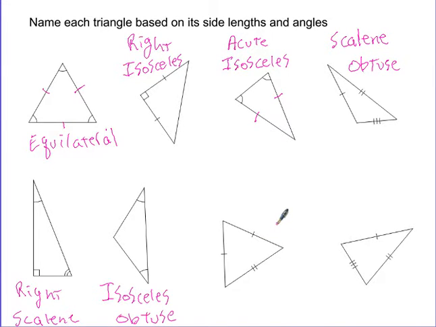No, not equilateral. Isosceles acute. They're definitely less than 90, but two sides are equal, one side is different. So that's isosceles acute. And then this one, acute scalene. Good.